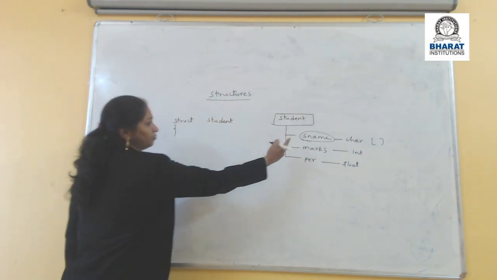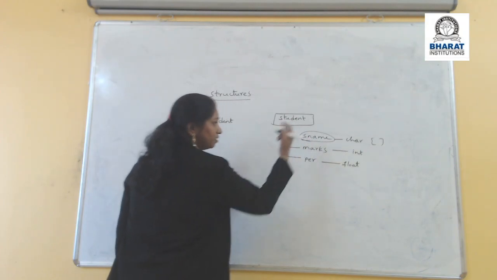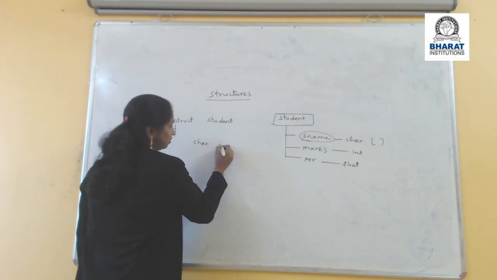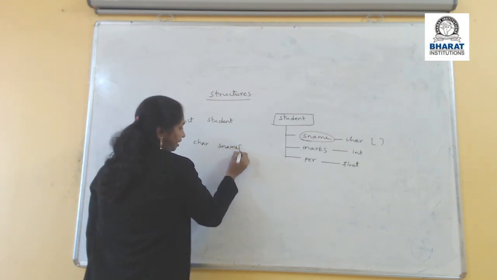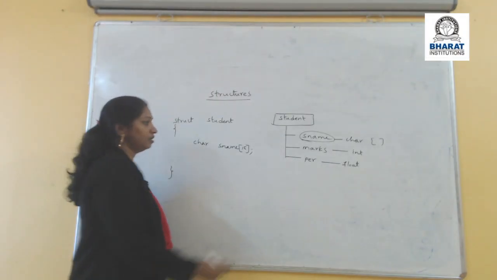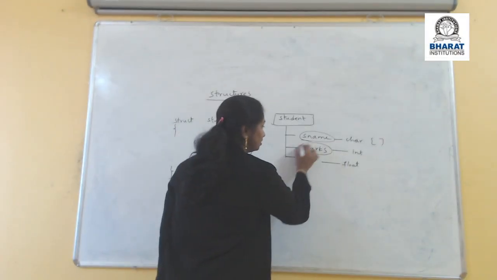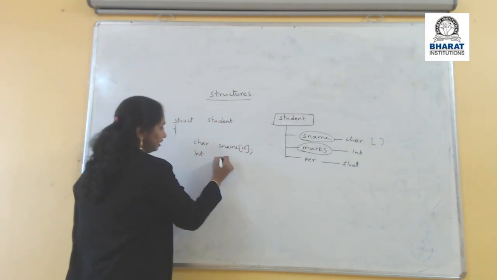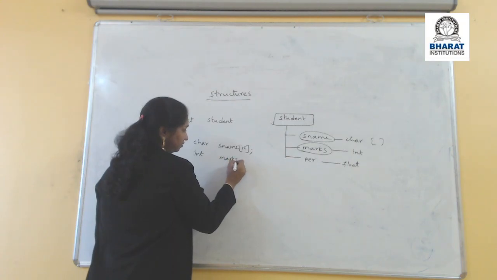So the first field member is sname, which is of character array type. Some size we need to mention. The next field is marks, which is of integer type. Let us consider int marks.